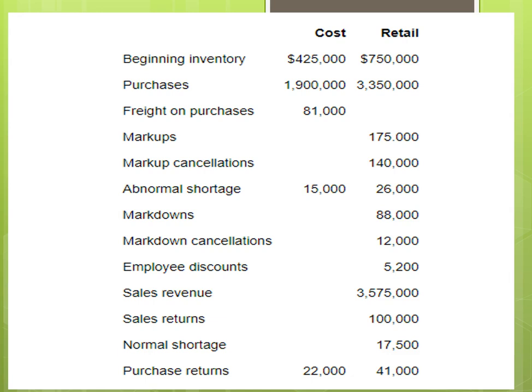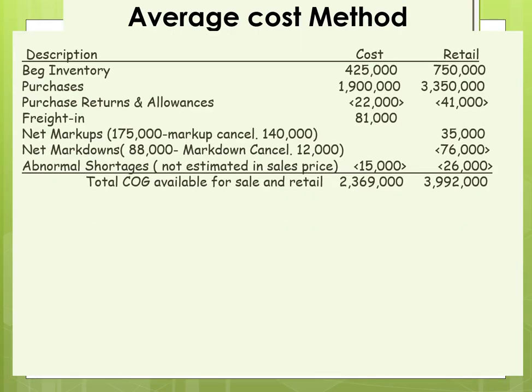So now we can work through our problem using our formula. We're going to start with beginning inventory plus purchases minus purchase returns and allowances plus freight in plus net markups minus net markdowns minus abnormal shortages. Now we can do our percentage calculation, which says that cost is 59.3% of our retail.